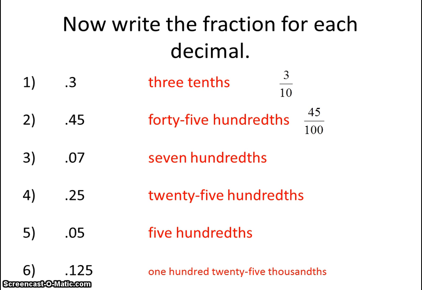Number 3, we would write 7 over 100, 7 hundredths. Number 4 will be written 25 over 100 and read 25 hundredths. Number 5 would be written 5 over 100 and read 5 hundredths. And number 6 would be written 125 over 1,000, and it would be read 125 thousandths.